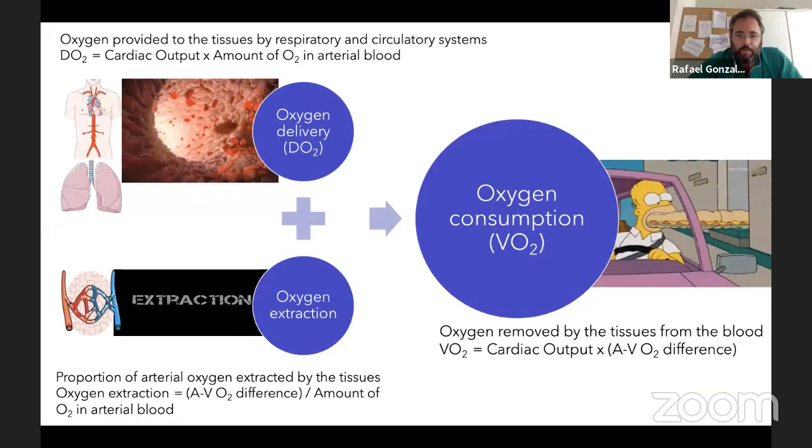The amount of oxygen that is removed by the tissues from the blood, which is called oxygen consumption, depends on oxygen delivery, which is mainly regulated by the cardiovascular and respiratory system, but also on the oxygen extraction, which is mainly regulated by the microcirculation.